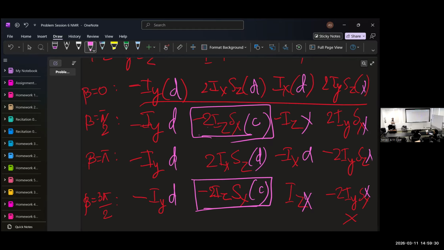IY is in phase absorptive diagonal coherence, and 2IZSX is antiphase dispersive cross peak coherence. That's what we don't want. We want both the diagonal and the cross peak to be absorptive.